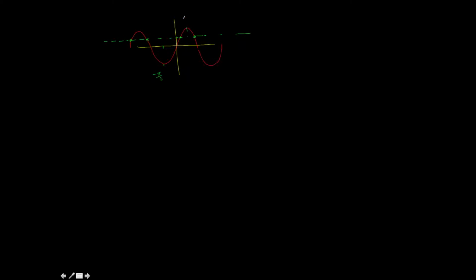This right here would be pi over 2. If we restrict the sine function to that green line right there, now that is a one-to-one function over that particular interval. Now this is y equals sine x from negative pi over 2 to pi over 2.